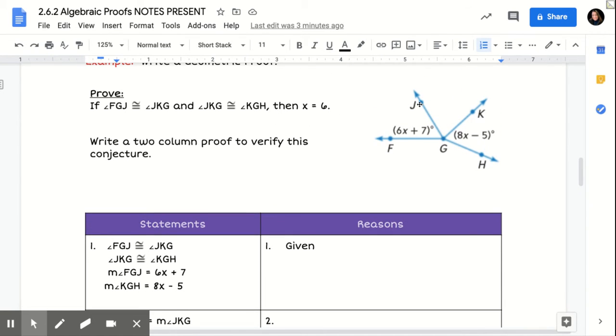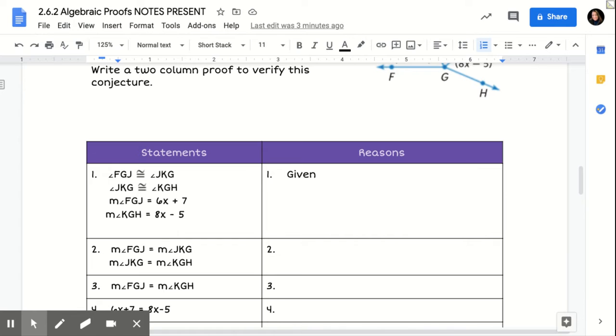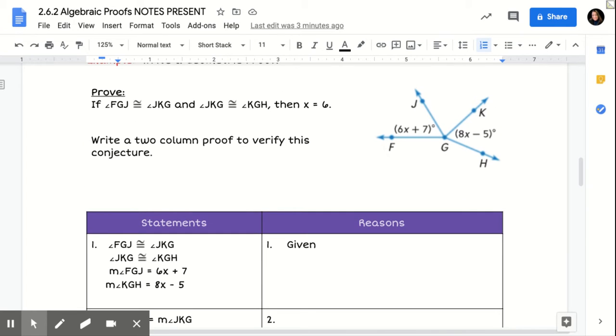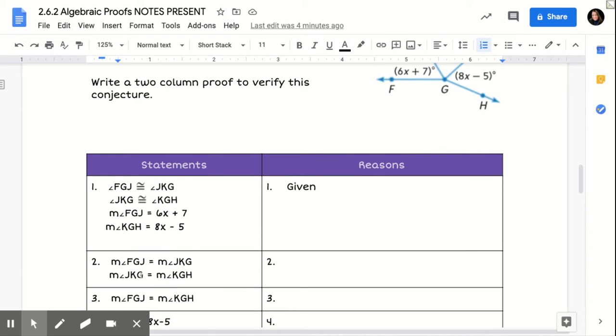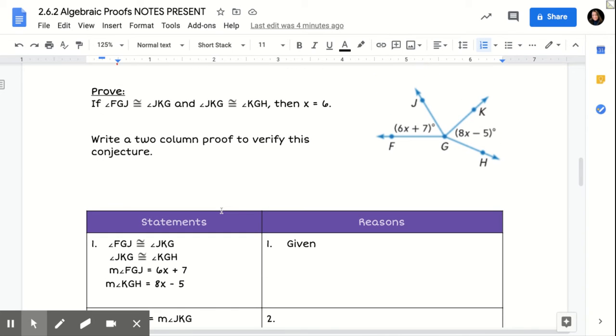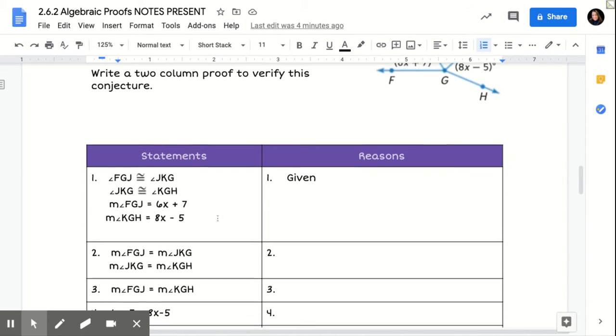Angle FGJ is 6x plus 7 degrees, and angle KGH is equal to 8x minus 5. So our given information is there.